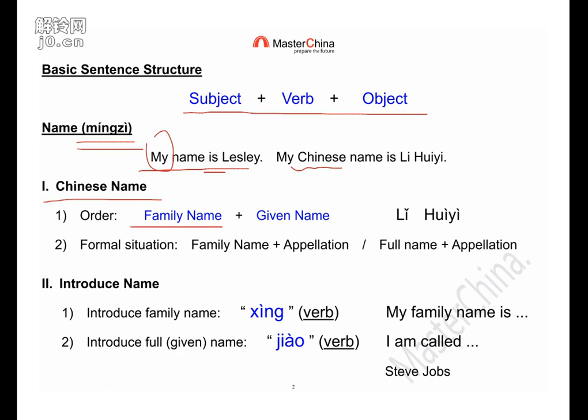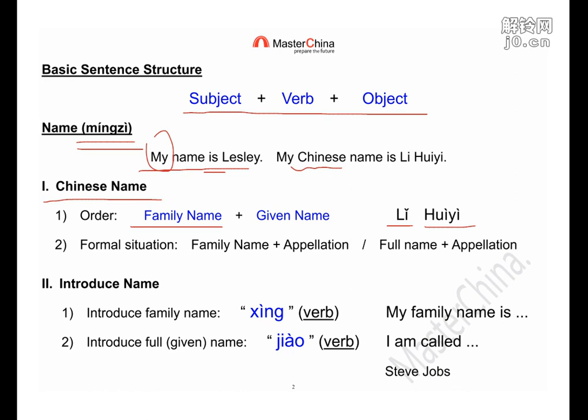So I mentioned how Chinese people organize the words. Same idea. The family name first, then the given name. So look at my Chinese name, Li Huiyi. Li is my family name and Huiyi is my given name. Usually in a Chinese name, the family name is one syllable and the given name is longer.